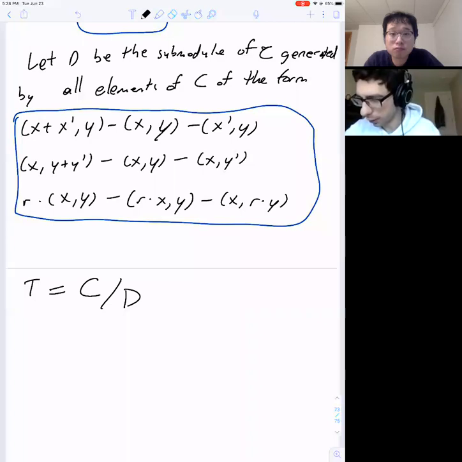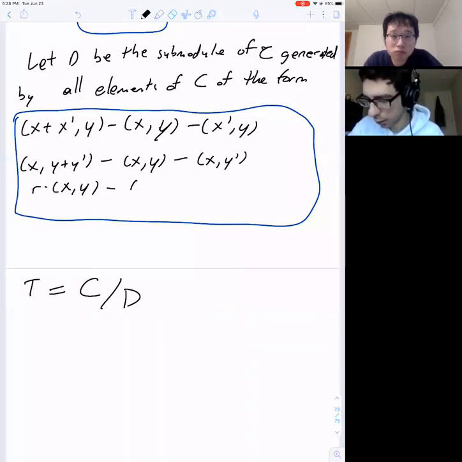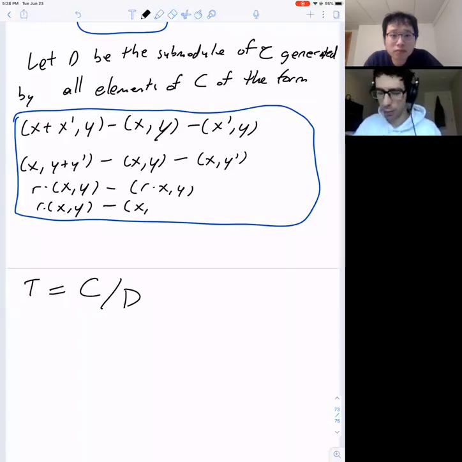I made a small mistake. This should be r times (x, y) minus (rx, y) and r times (x, y) minus (x, ry). It's probably the same thing, but just to be clear.